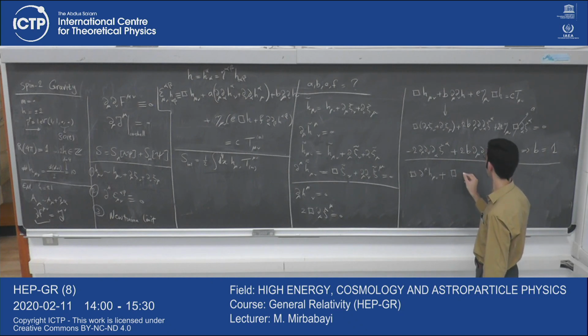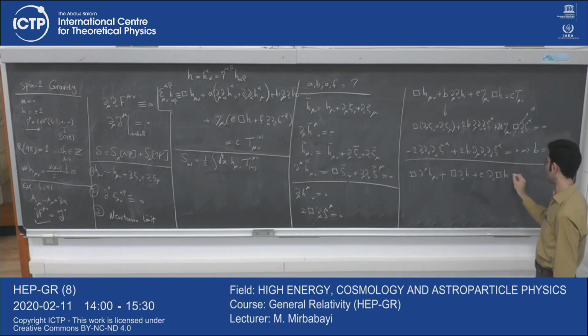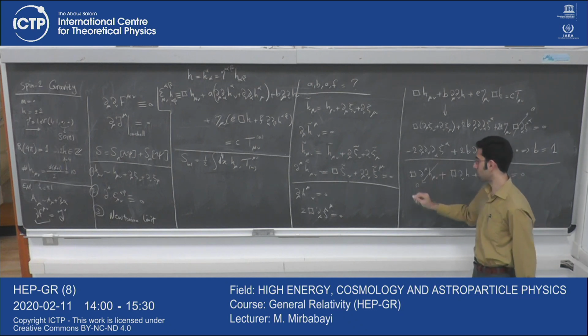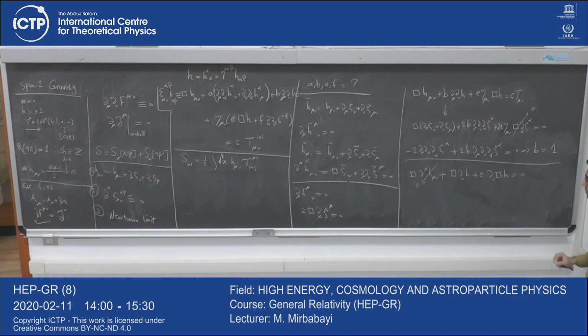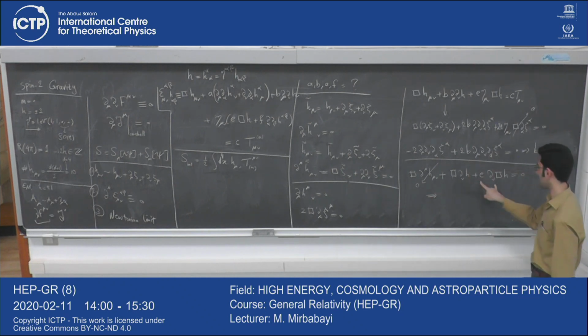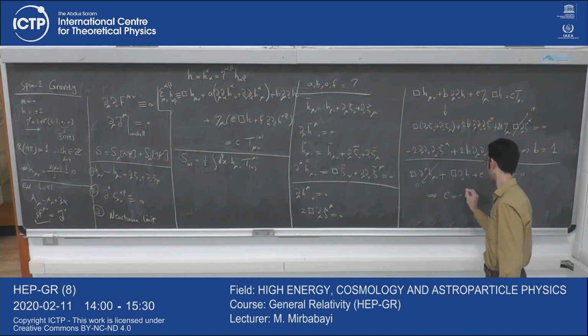So I get box d mu of h plus e d mu box h. And this has to be identically 0. This first term is 0 because of our gauge condition. So in order for the second two terms to cancel, I have to have e equals minus 1.